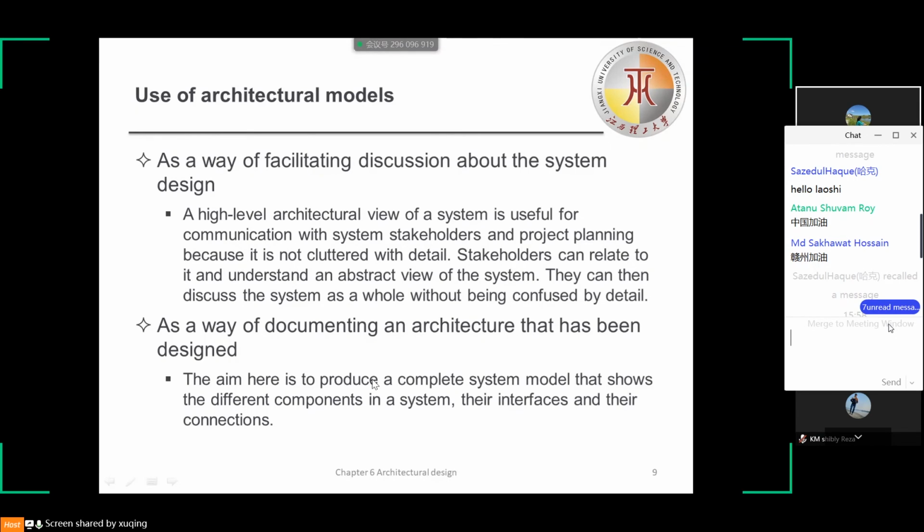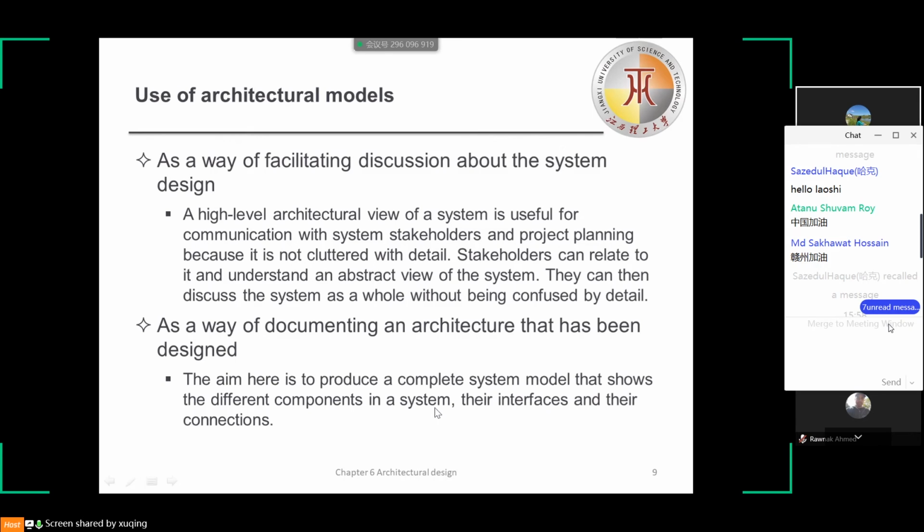Here, the aim is to produce a complete system model that shows the different components in our system, their interfaces, and their connections. As we have a detailed architectural description, it will be easier to understand and evolve the system.